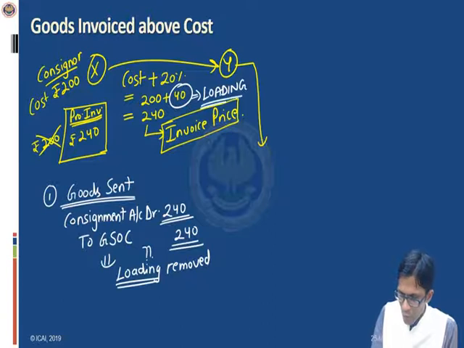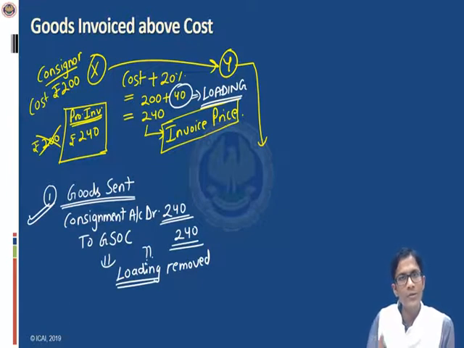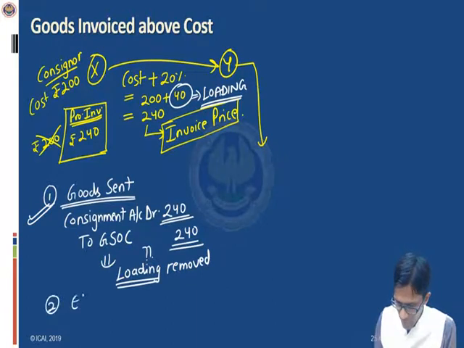So, although the first entry has been passed by rupees 240, the amount written in this entry is rupees 240 and it will be rupees 240 always. But X will in the next entry reverse this loading value, and for this he'll have to pass the entry for reversal.